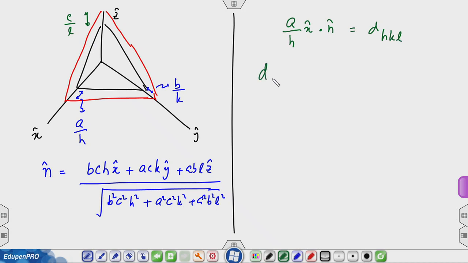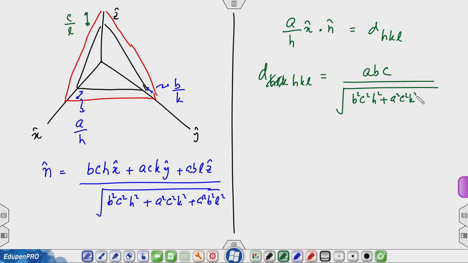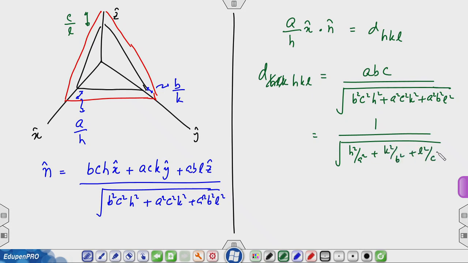So, d h k l is equal to a b c divided by square root of b square c square h square plus a square c square k square plus a square b square l square, and this is equal to 1 over square root of h square over a square plus k square over b square plus l square over c square, as we saw earlier.